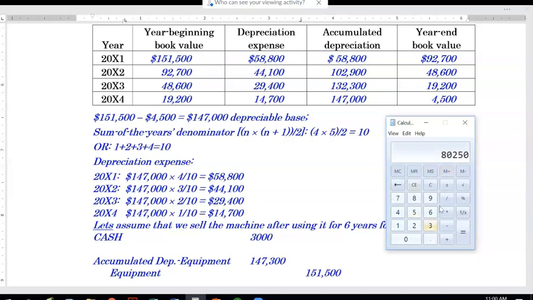So it's a plug-in. 151,500 original cost on the credit side to close, minus 147,300, minus 3,000, equals 1,200.